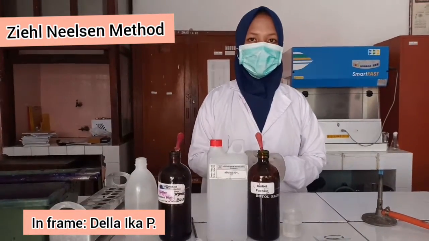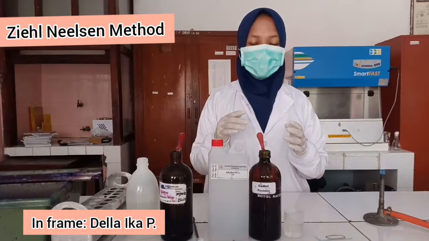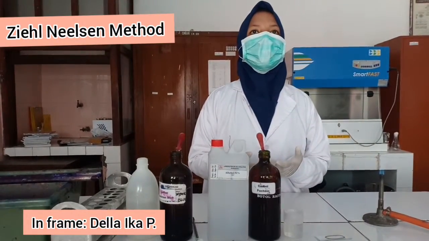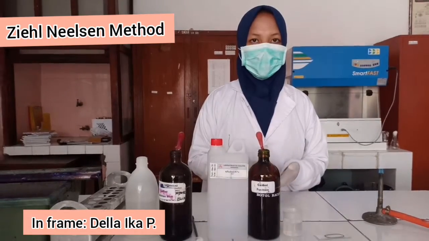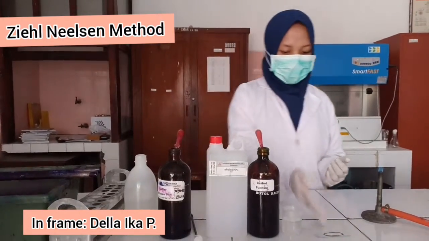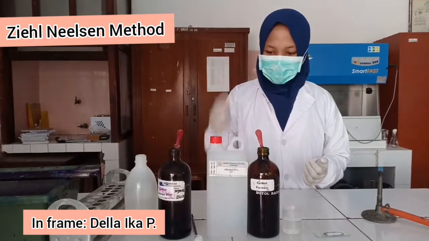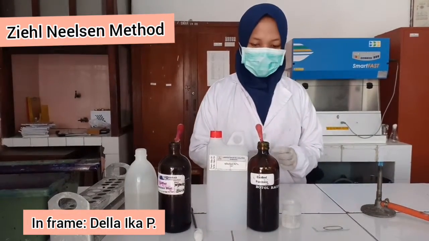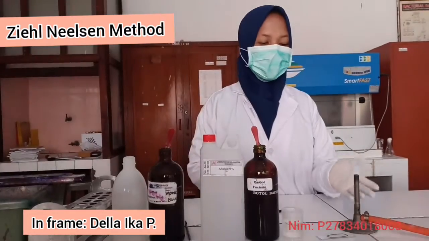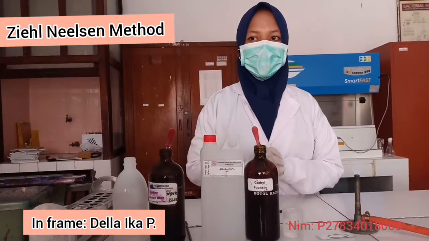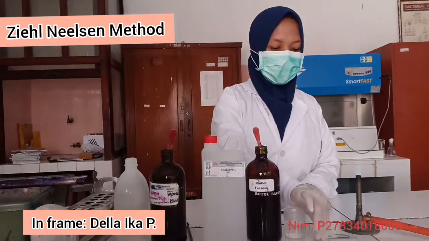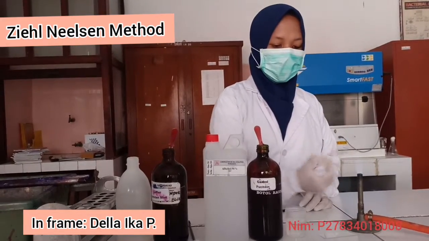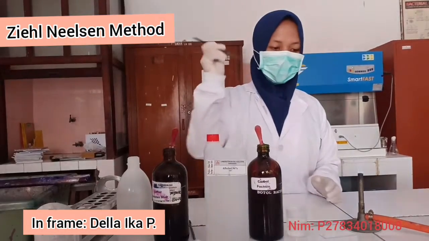The first step is to prepare a smear consisting of Mycobacterium smegmatis. Prepare an object glass, a Bunsen burner, and a sample. After that, turn on the Bunsen burner, and then fixate the object glass.